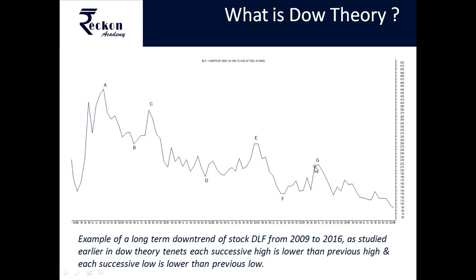So basically we can see that G is lower than E, E is lower than C, and C is lower than A. On the downside, if we look at all the lows, in a similar fashion, F is lower than D and D is lower than B. So we have a series of lower highs and lower lows, which clearly says that the structure of the stock is in a downtrend.